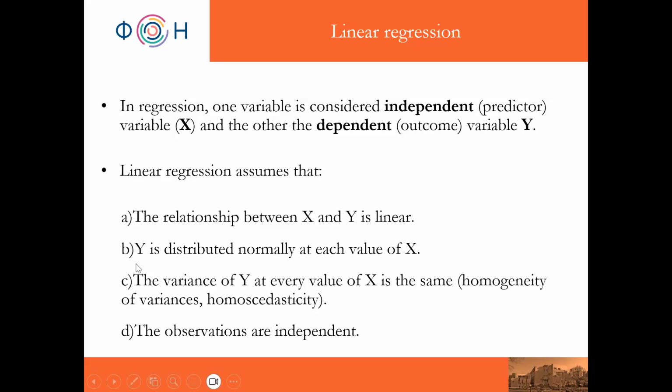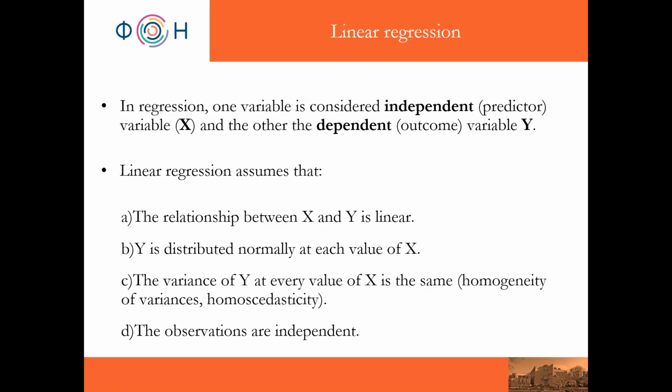The second assumption is that our dependent variable is distributed normally at each value of our x. When we are talking about linear regression, we are usually focusing on a stochastic relationship which can occur between two variables.